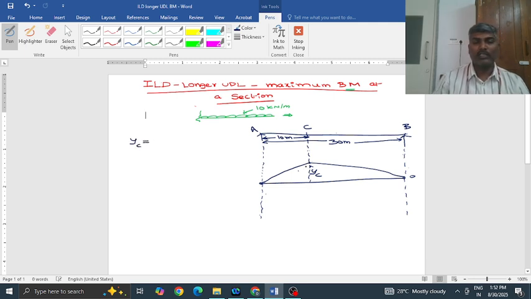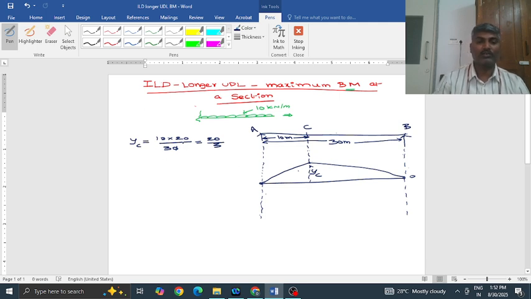The maximum ordinate of this ILD for bending moment is equal to X, that is 10 meters, span AC, multiplied by span BC, divided by total span 30. So YC is 20 by 3, the height of this ordinate.